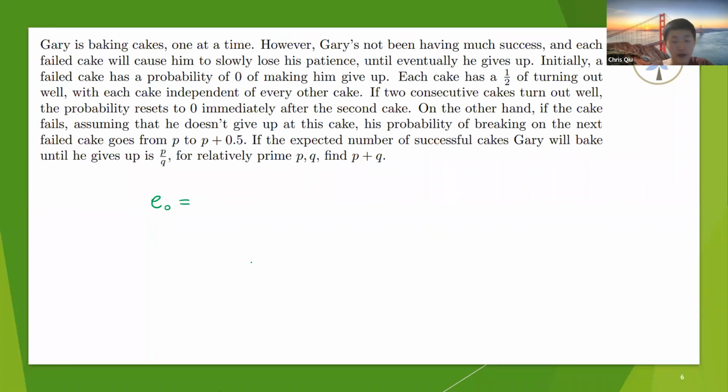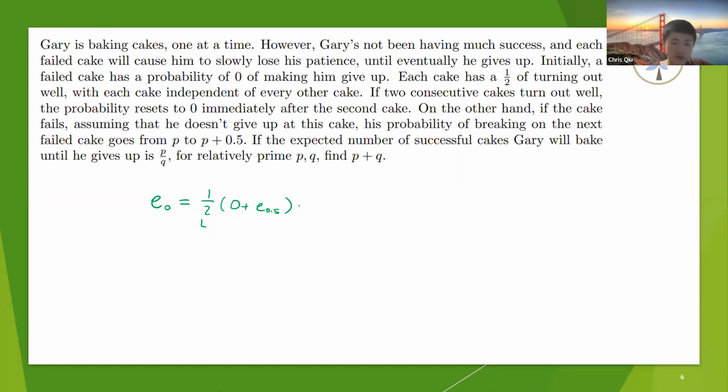And let's see what happens. If in his first cake, it turns out that he fails, we're gonna call it a loss, then the expected value of successful cakes Gary will bake will be 0 plus E 0.5, where E 0.5 is the expected number of successful cakes Gary will bake until he gives up, given that he has a probability of 0.5.